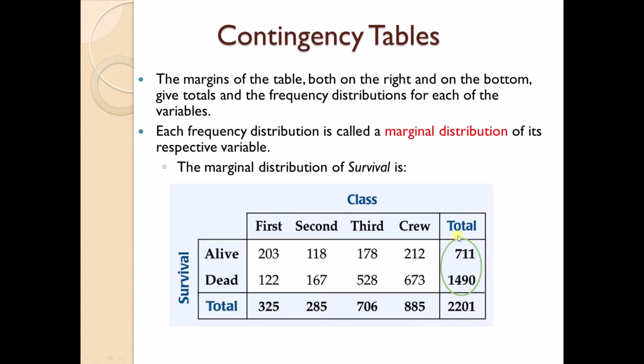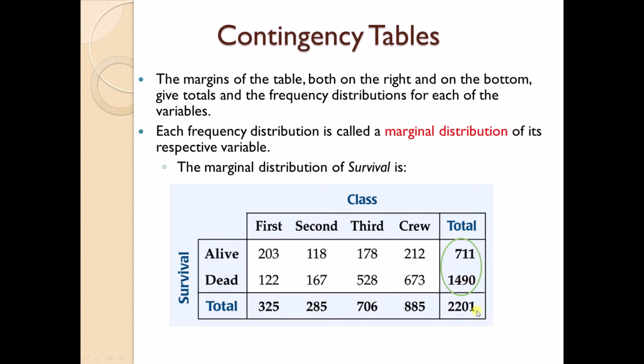The two numbers circled in green relate to whatever is across from them. That is whether or not somebody survived, dead or alive. Out of 2,201 passengers, 711 lived, 1,490 did not.